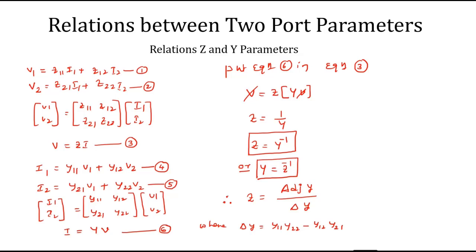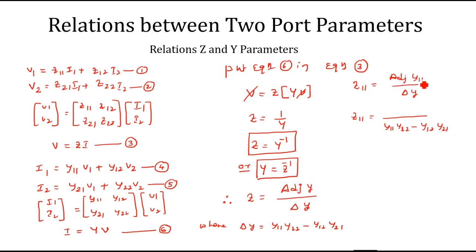Next, what is adjoint of Y? If I want to find Z11, it is adjoint of Y11 divided by determinant of Y. So Z11 equals, determinant of Y is Y11 into Y22 minus Y12 into Y21.